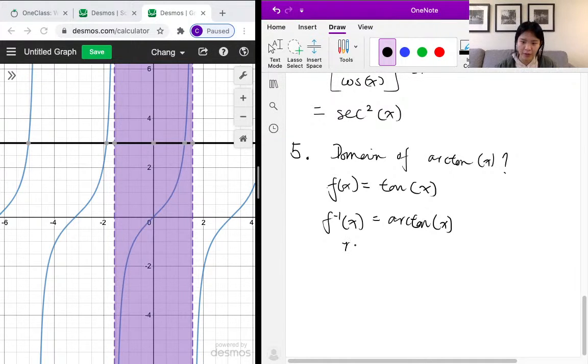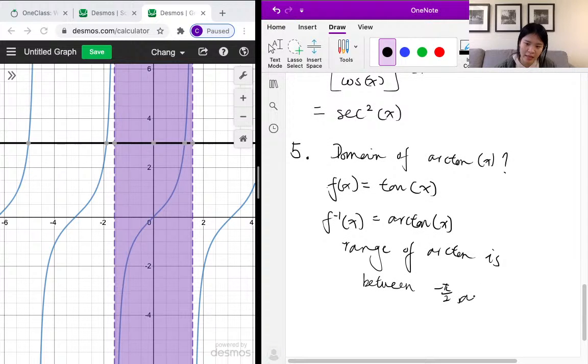So the range of arctan is between negative pi over 2 and pi over 2. This is the range of the arctangent function.